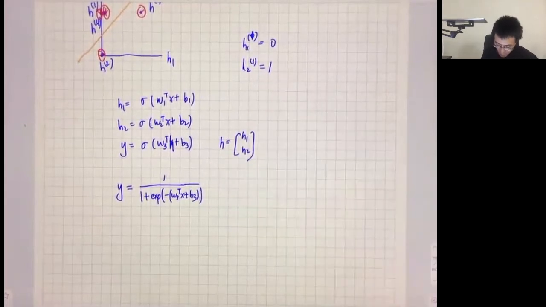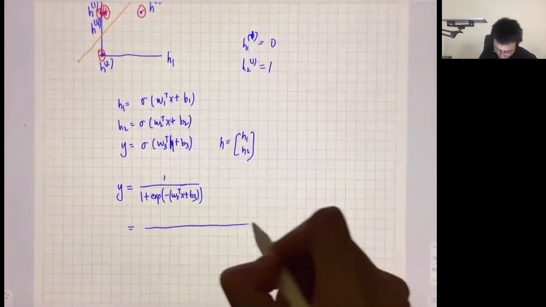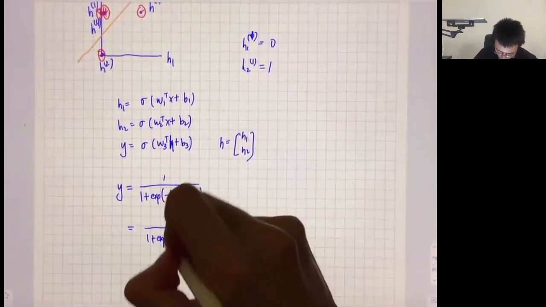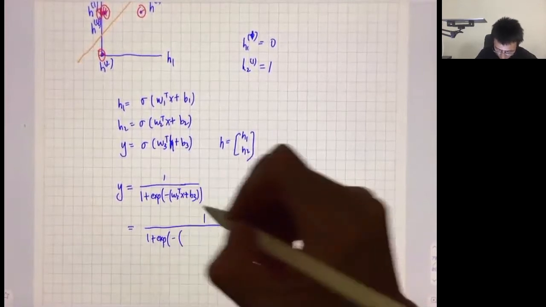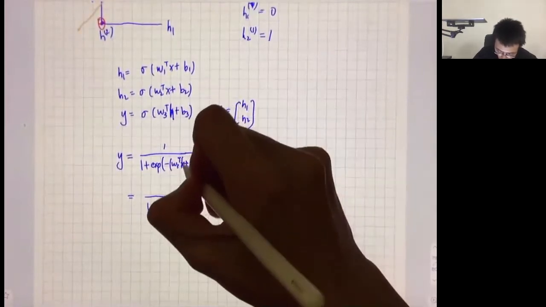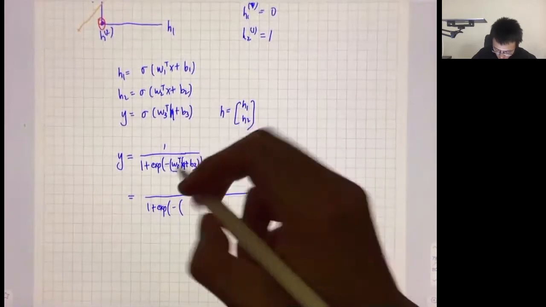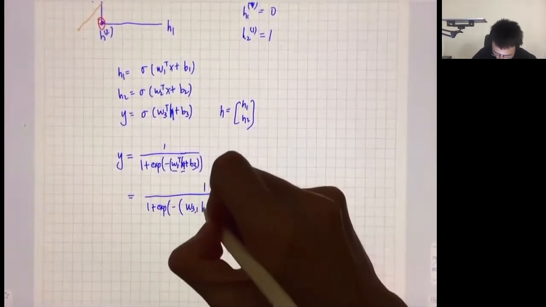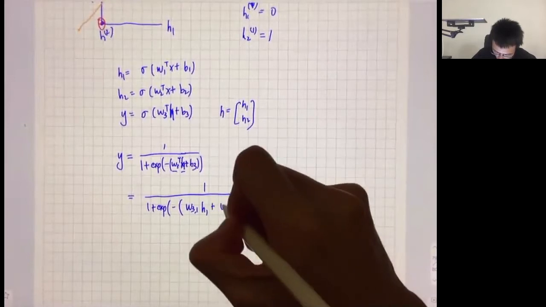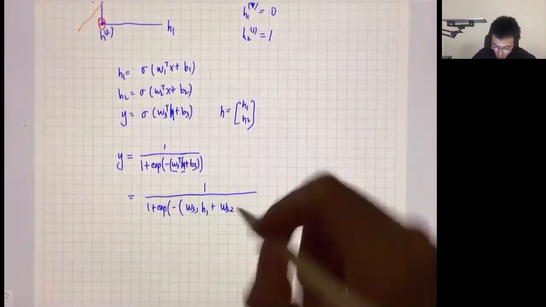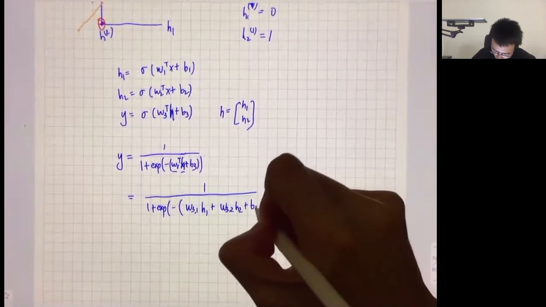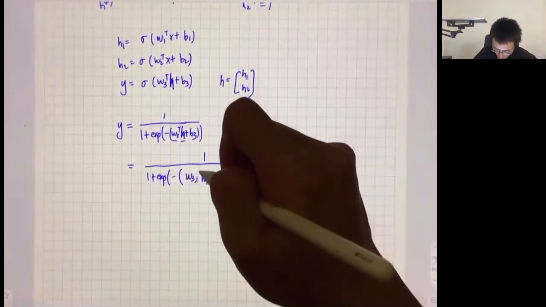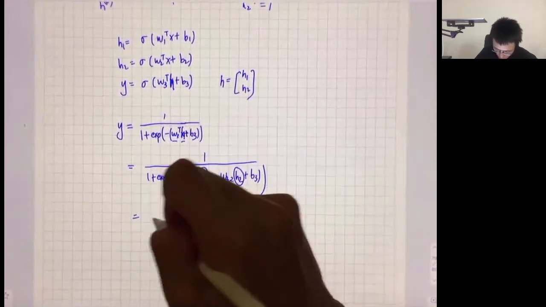Okay. Then I would say this is 1 plus exponential of minus, okay? So this is the W transpose H. So I can say W3 for the first element for H1 plus W3 for the second element for H2 plus B3. Then you can put X, H1, H2 inside this.